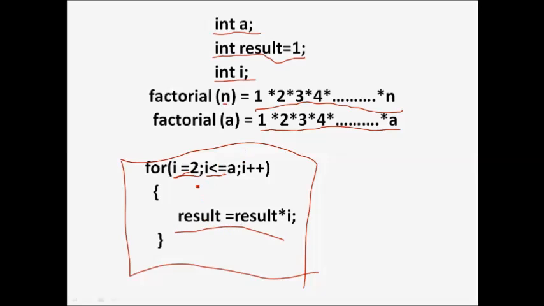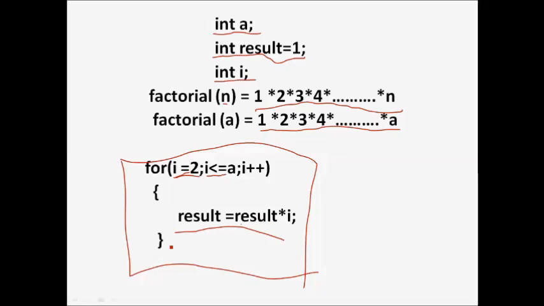This loop continues as long as the value of variable i is less than or equal to a. In this way, all the numbers from 2 to a will be multiplied one by one with the variable result, and in each pass the value of variable result will also be updated.